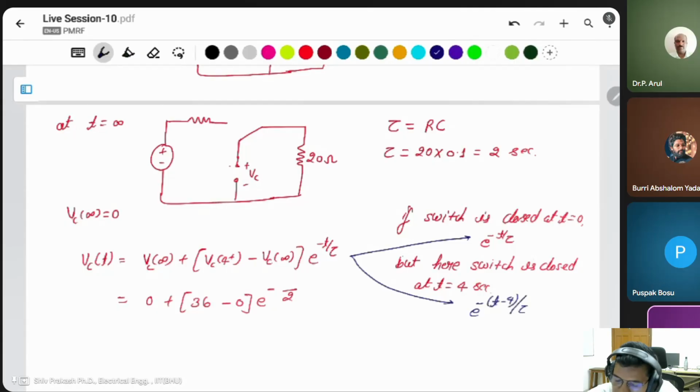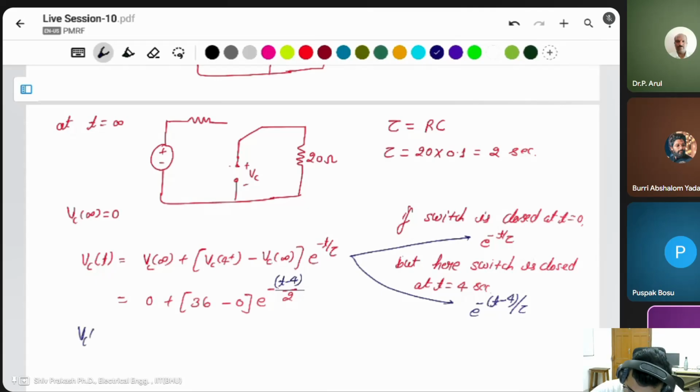This is a 4 second delay, meaning after 4 seconds, there is some delay. A delayed signal is denoted as negative, an advanced signal is denoted as positive. This is a delay of 4 seconds, so this will be t minus 4. Here e to the power of minus (t minus 4) by tau, where tau is 2.